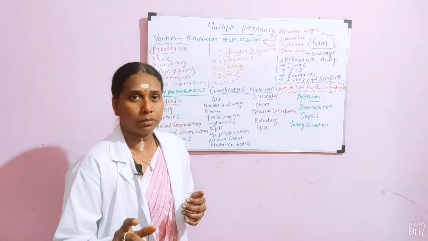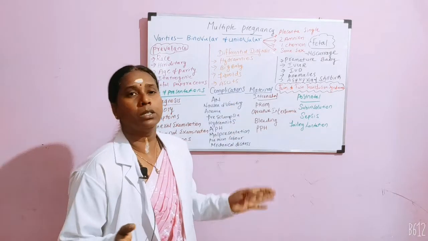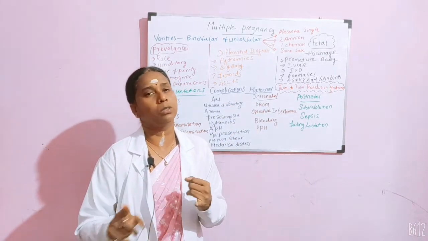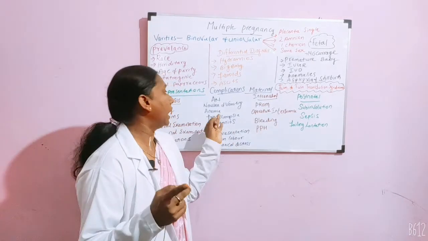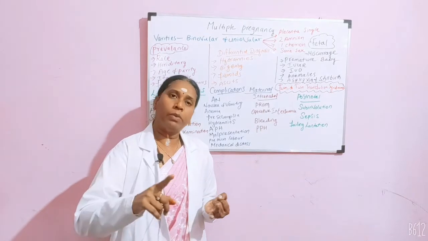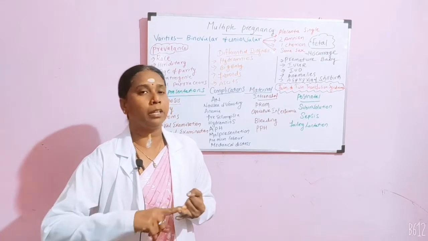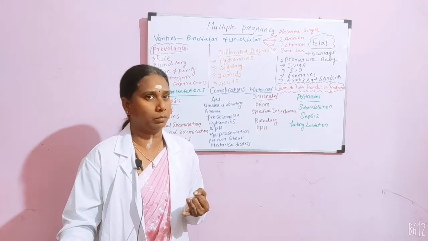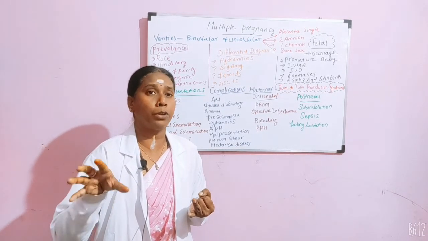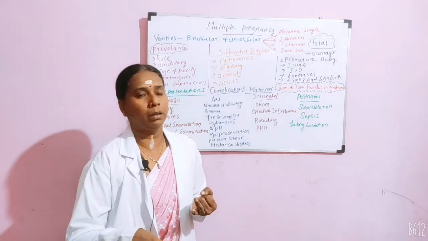Now what happens? Definitely the mother is going to have severe nausea and vomiting. Already I said the mother will experience hyperemesis gravidarum, and then anemia. When there is a normal conception, there is increased hemodilution which causes physiological anemia during the antenatal period.